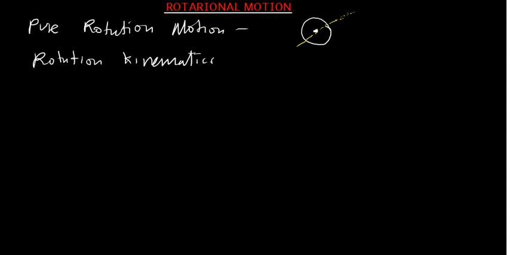Now when you're talking about rotation kinematics, we are interested in understanding the motion of something that is moving. We understand how fast it is moving, how slow it is moving, but we are not interested in understanding the forces which are causing it to move. And then after that, that's when we go to rotation dynamics.